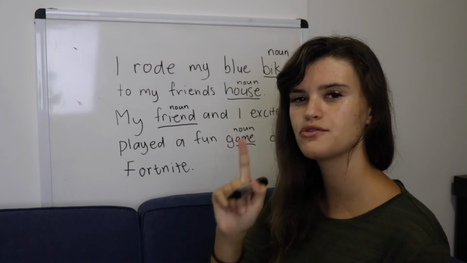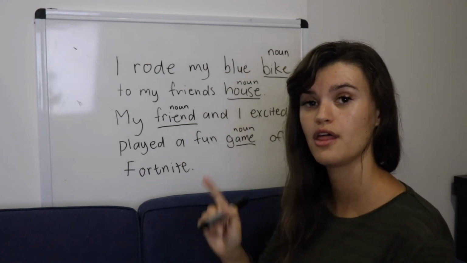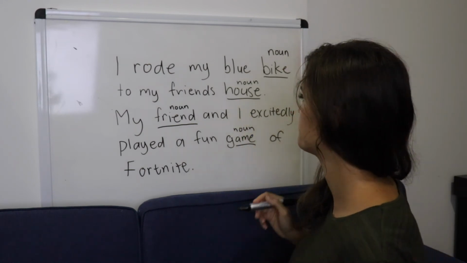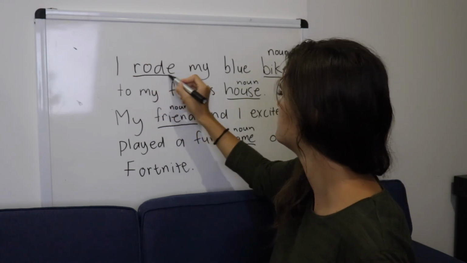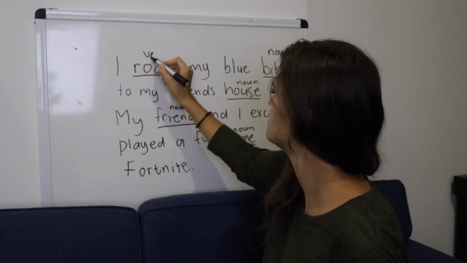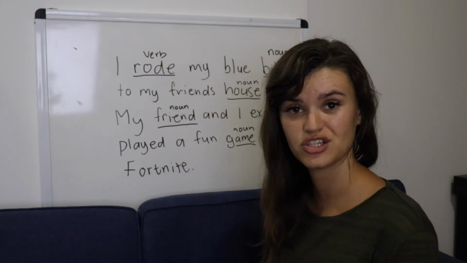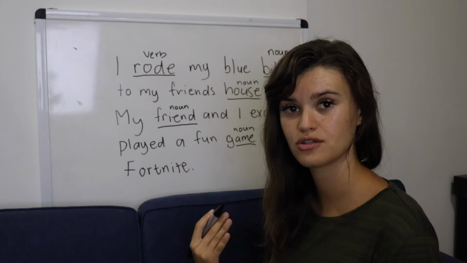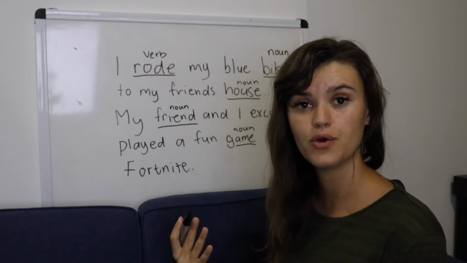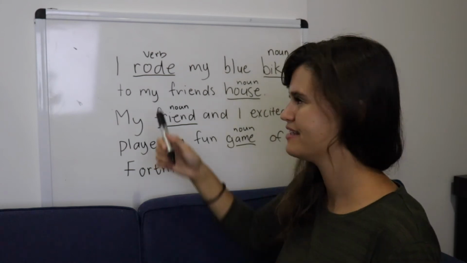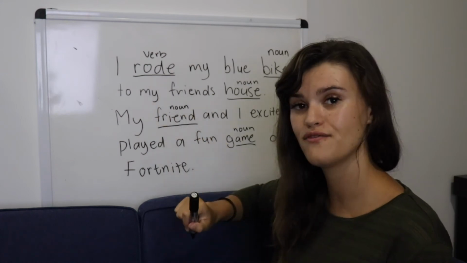Now let's look for the verbs, the doing words. Rode. Rode is an action, but in the past. Present of rode is ride. So rode is the verb.